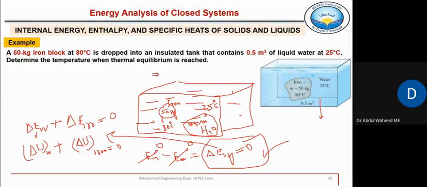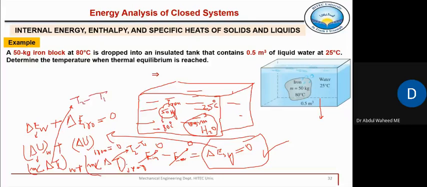So it's simply this change in U is equal to MC delta T of water plus MC delta T of iron. That is equal to 0. And what is delta T? Final minus initial temperature, T2 minus T1. This is also T2 minus T1.